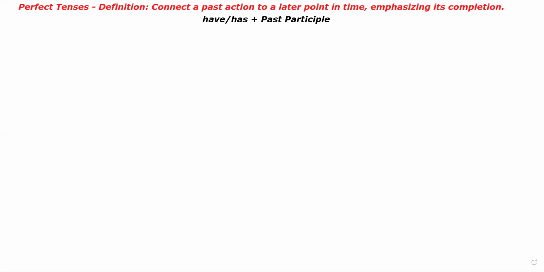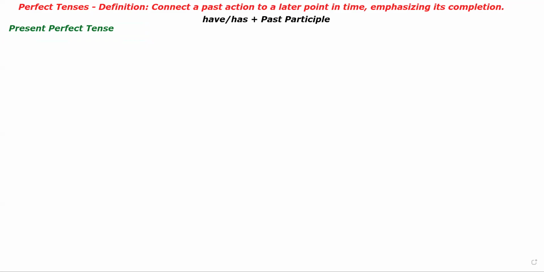The first perfect tense, we're going to call it the present perfect. Let's go ahead and write it here: present perfect tense. Now, how does the present perfect tense work? It's going to be an action.